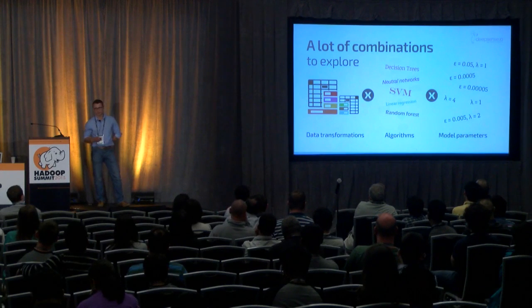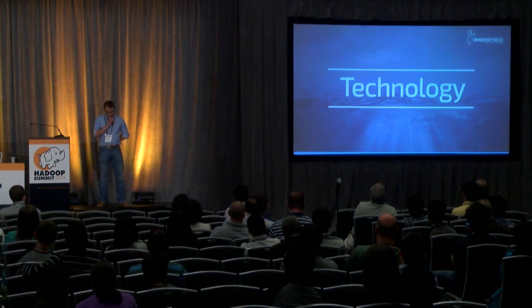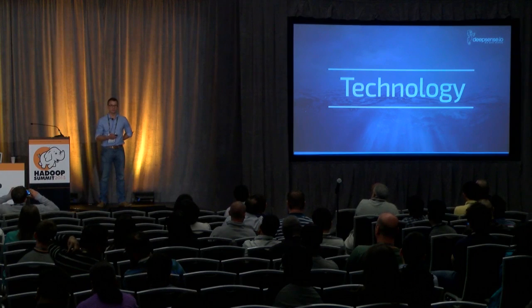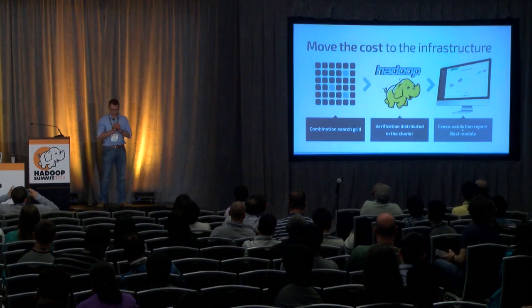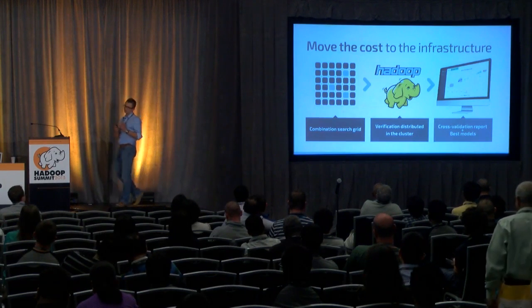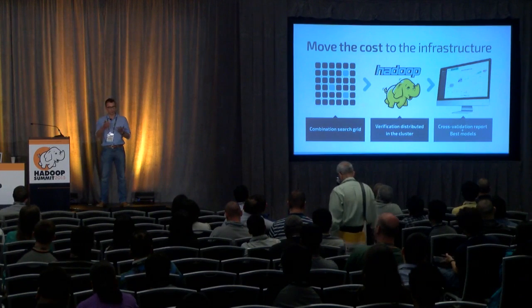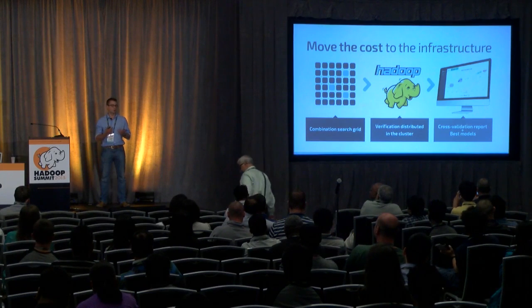So let me share with you a secret weapon of our Kaggle team. We said that, okay, let's use technology. Instead of our data scientist time, let's move the cost to the technology. So what did we do? We started thinking about this problem of selecting proper data transformation, proper algorithm, and proper parameters as an optimization problem.